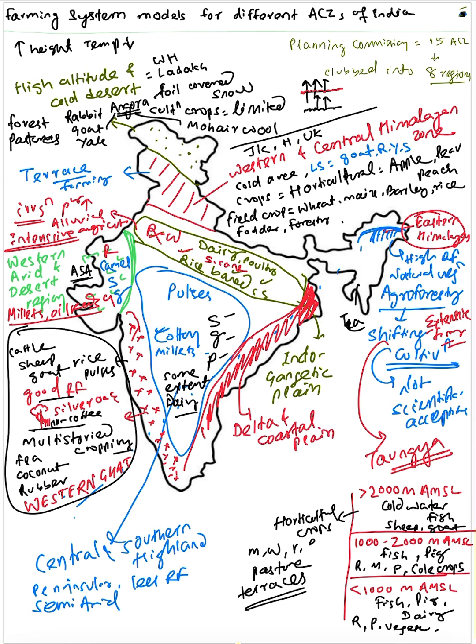So in these delta and coastal regions, we can find high rainfall. In these areas, high rainfall and coastal ecosystem we are finding.